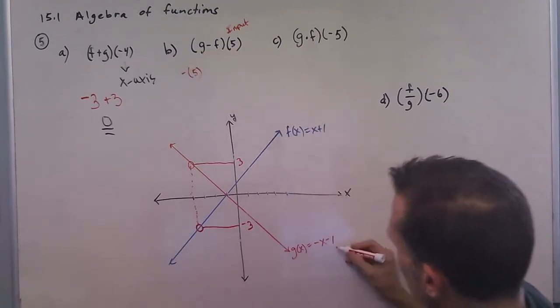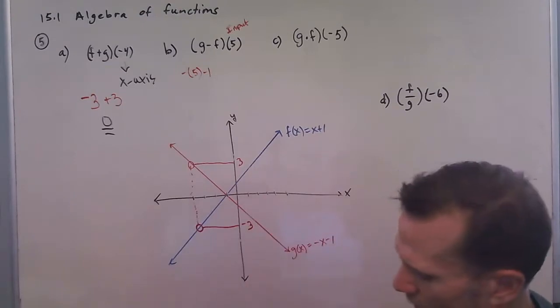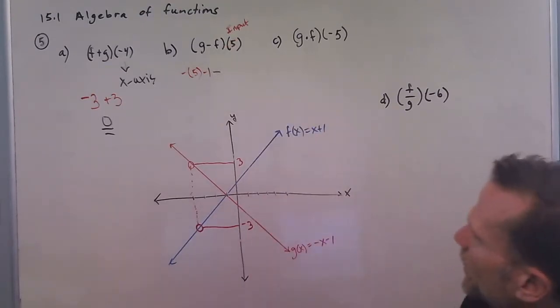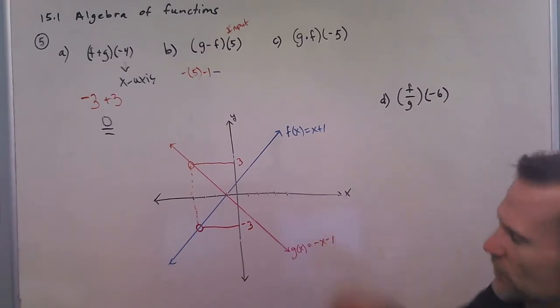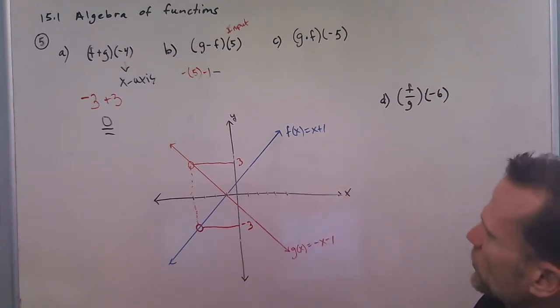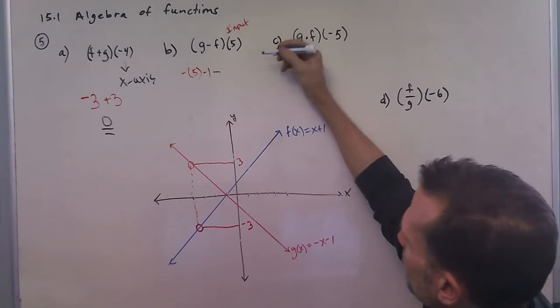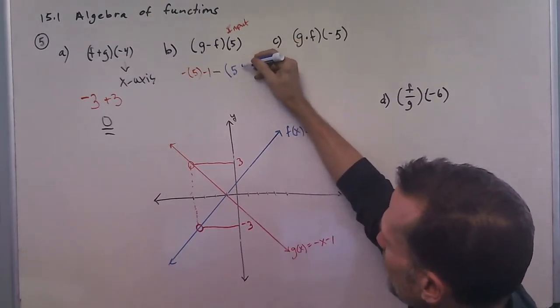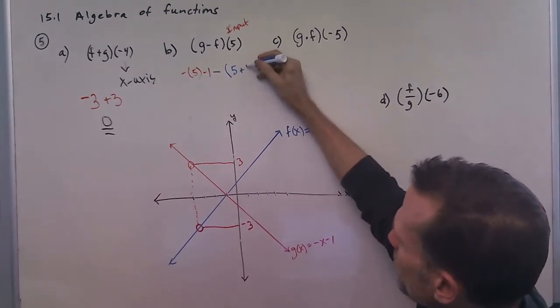-5 minus 1, and then I'm going to subtract because it says subtract, and I'm going to put 5 into this function here, the f function, and I get 5 plus 1, sorry.